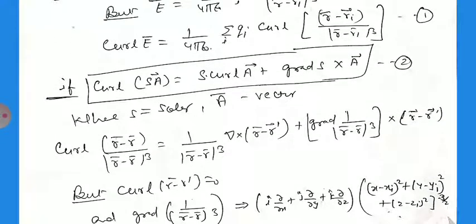Here in the above equation, first, r minus r_i vector is the vector A, and 1 divided by |r minus r_i| cubed is the scalar S.